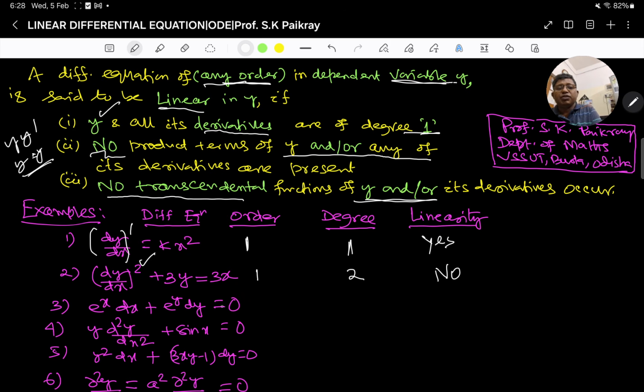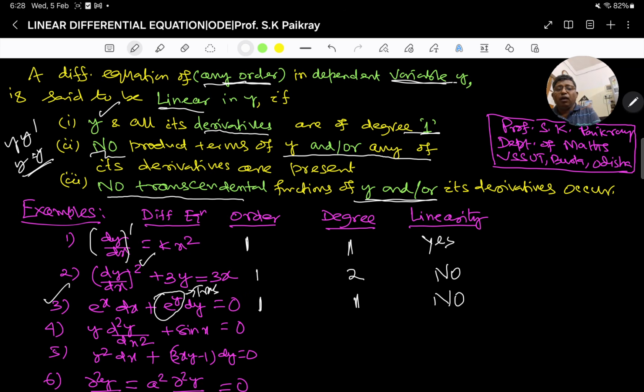Now in equation 3, it is dy by dx, so the order is 1 and the degree is 1, but the presence of e to the power y, a transcendental function in y, means it is not linear.